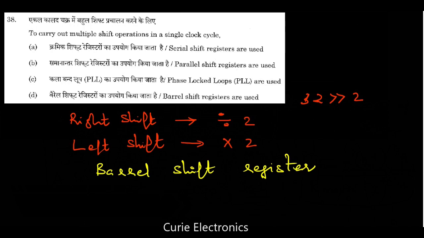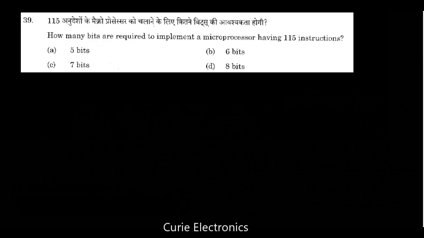Usually ARM is a 32-bit microcontroller, so we can do up to 32-bit, right or left shift, or what kind of shift you need. So it's a barrel shift register. So the answer, to carry out multiple shift operations in a single clock cycle, the modern microprocessor or microcontroller has got barrel shift register. So the answer is option D.